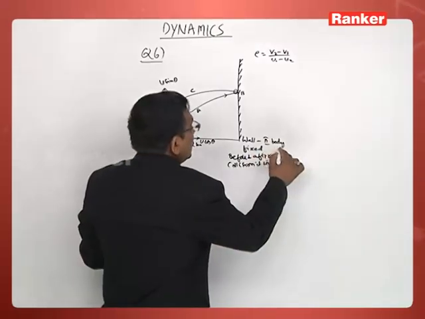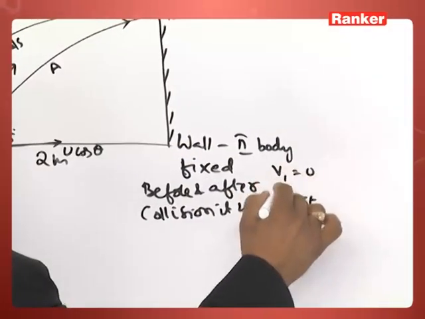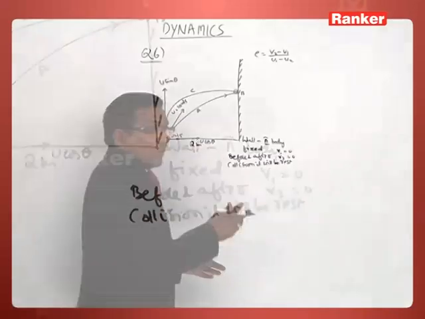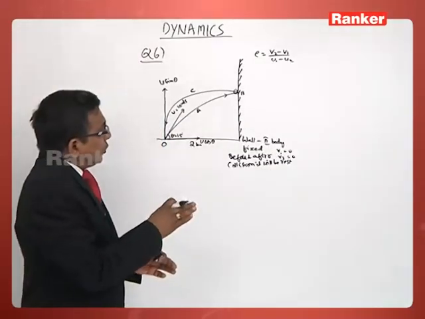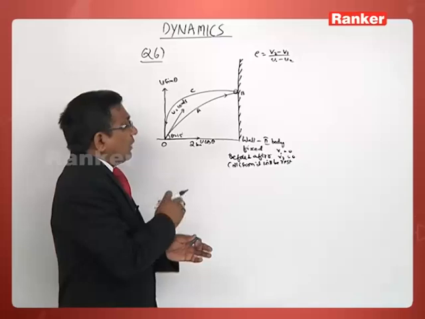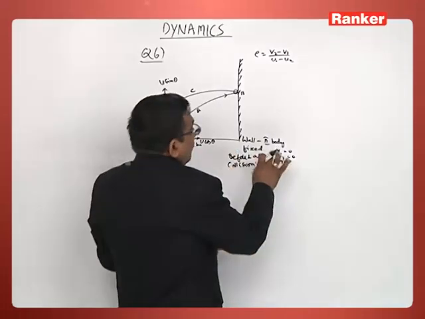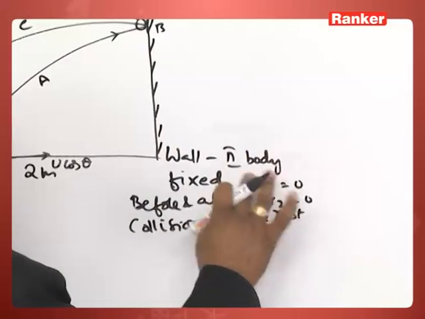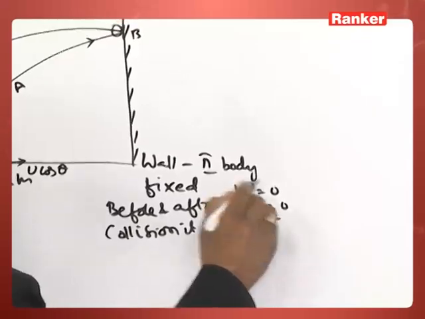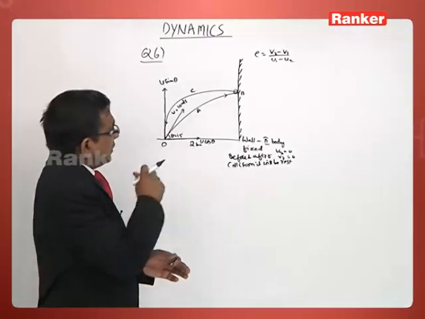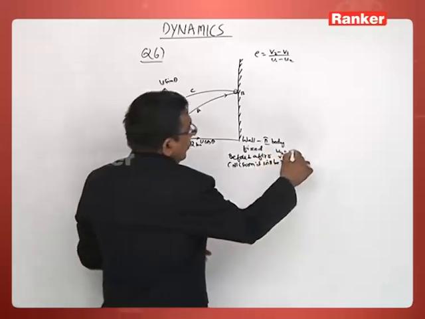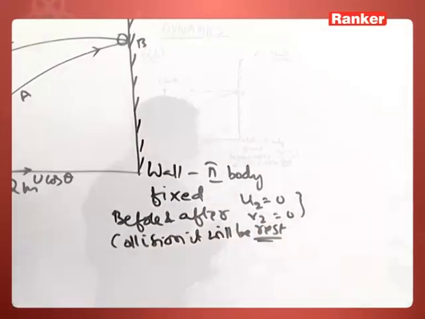Second body velocity before collision U2 = 0, after collision V2 = 0. First body I denote with U1, V1, second body I denote with U2, V2. So before collision it is U2, after collision V2. These two are 0, you have to remember, because it is at rest.